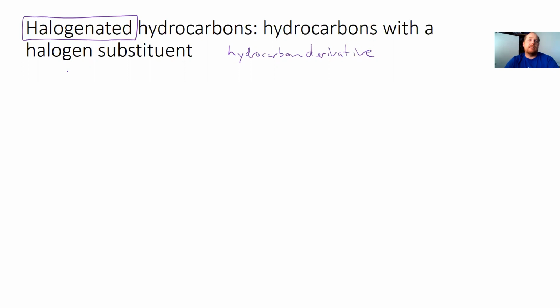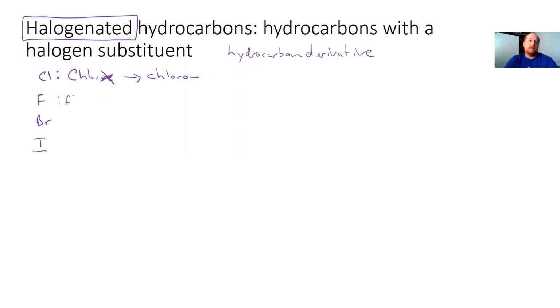If you have a halogen as a substituent, instead of, say, an alkyl chain, something like chlorine or fluorine or bromine or iodine, these substituents are going to be named in a slightly different way. Here we have chlorine. We're going to drop off that -ine ending and it's going to be chloro. That's going to be your substituent name.